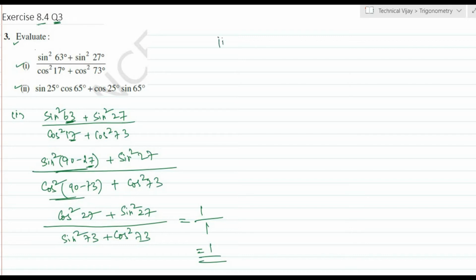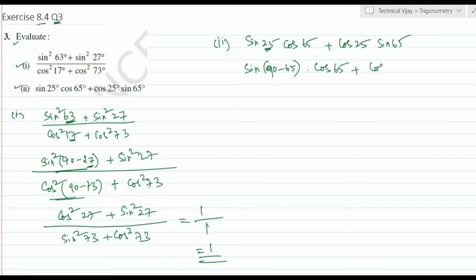Second one we will take: sin of 25 and cos of 65 plus cos of 25 and sin of 65. Here we will convert one of the values into cos. So sin of 90 minus 65 into cos of 65, plus cos of 90 minus 65 into sin of 65.